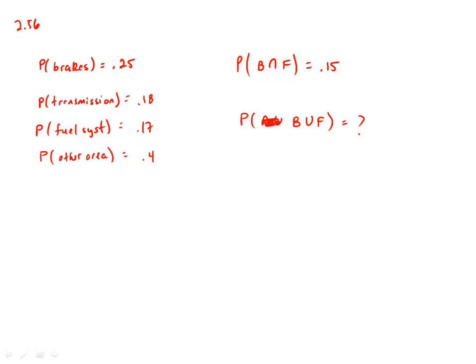Okay, so we are looking for the union of the events. We have the probability of A plus the probability of B minus the intersection. In order to find that probability, it's going to be equal to the probability of brakes plus the probability of fuel minus the intersection of the two events.